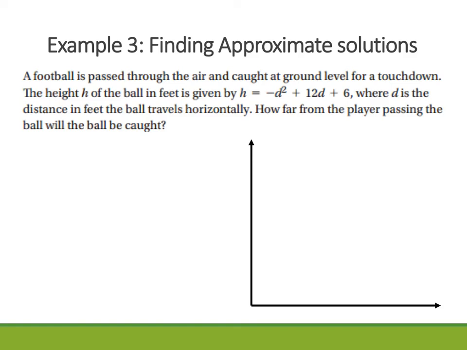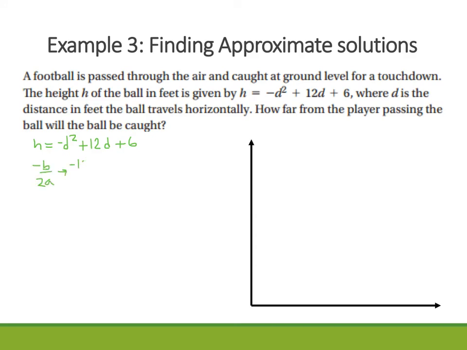Okay, so what I'm going to do is I'm just going to kind of graph this out. And when I graph this, you'll be able to actually see the ball going. So remember that to graph this, here's our function, negative d squared plus 12d plus 6. So negative b over 2a would give us our vertex.